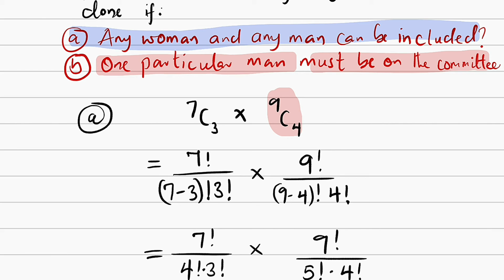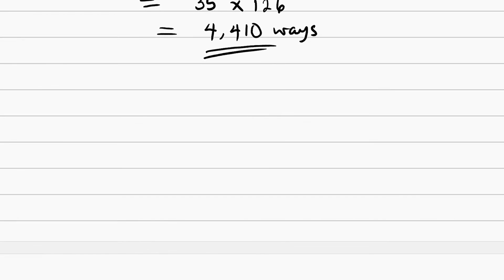So it is going to be 7 combination 3 multiplied by 8 combination 3 because 1 man is constant, so we don't have to count that person. It will be 7 combination 3 then multiplied by 8 combination 3.